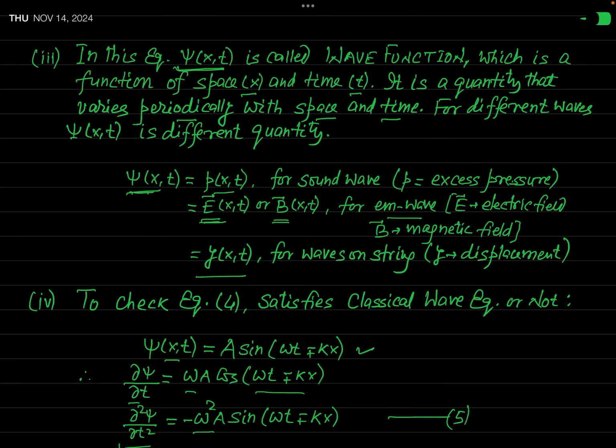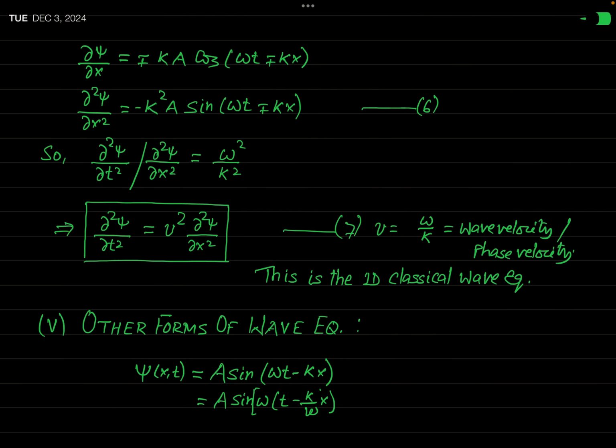Now in a similar manner you can find the second order partial derivative of psi with respect to x, and that will be equal to minus k square a sine(omega t minus/plus kx). Now let us divide del 2 psi by del t square by del 2 psi by del x square.